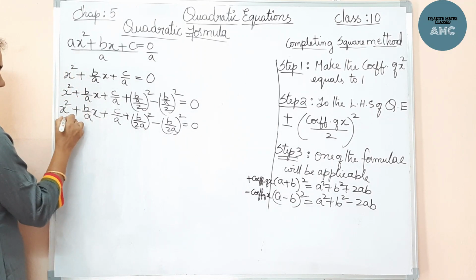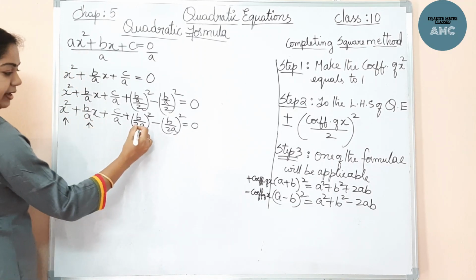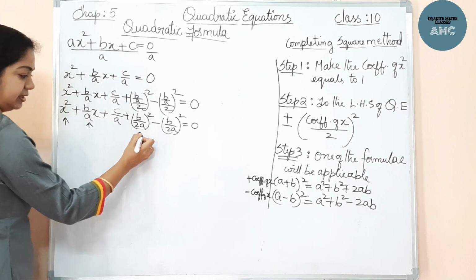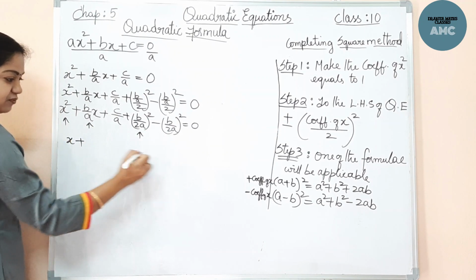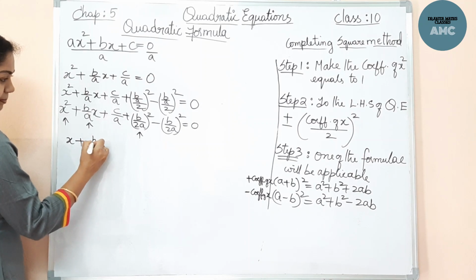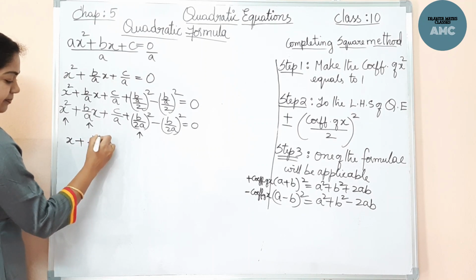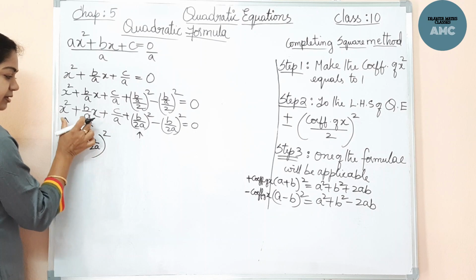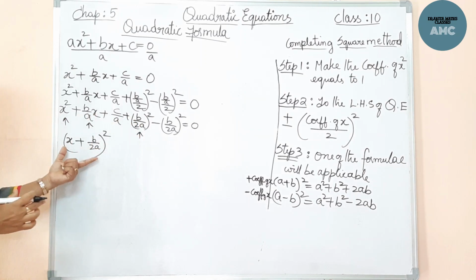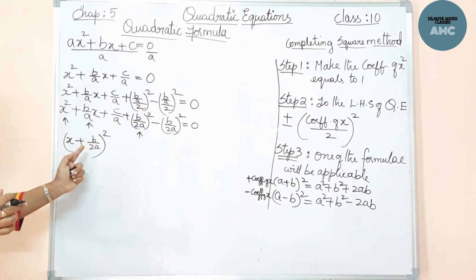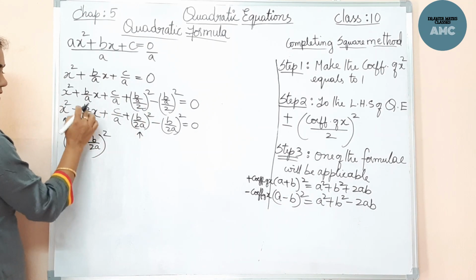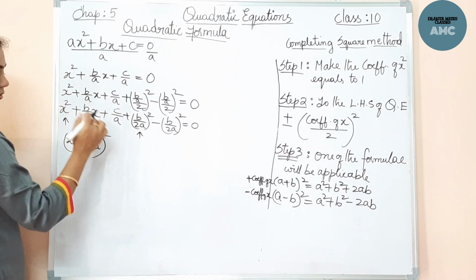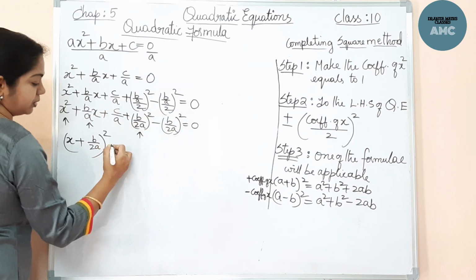If you see these three combined, you get x plus b by 2a whole square, where b is b by 2a, b square, a square. This is the 2ab part. Now these two are left over.